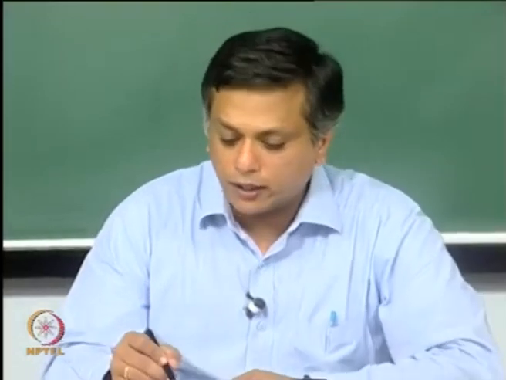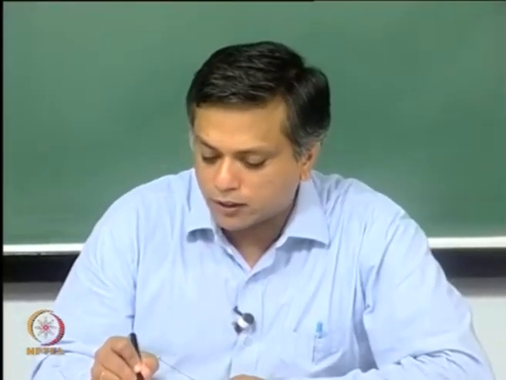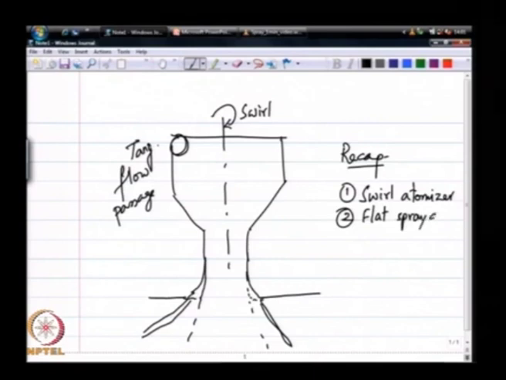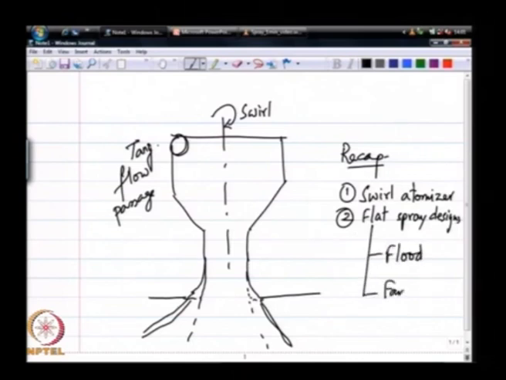Okay. So, quickly, just to recap the different designs that we looked at today, we looked at the swirl atomizer in some more detail, and looked at a couple of different flat spray nozzle designs in terms of the flood nozzle and the fan spray nozzle.